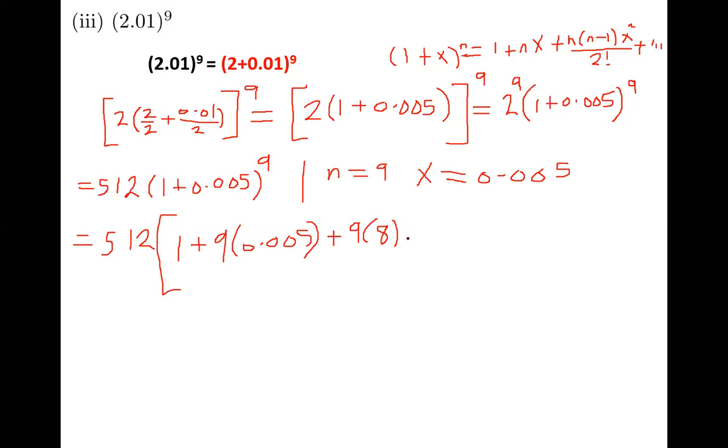My x will still be the same one, 0.005, in brackets to the power 2. And then everything over 2 factorial, which is just 2 times 1. Then we go on like that.